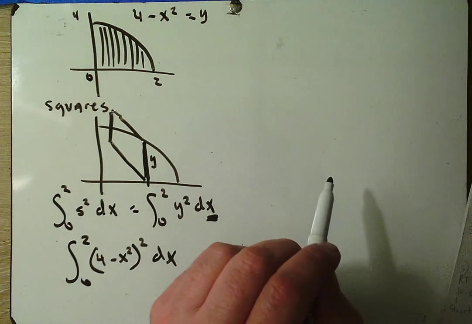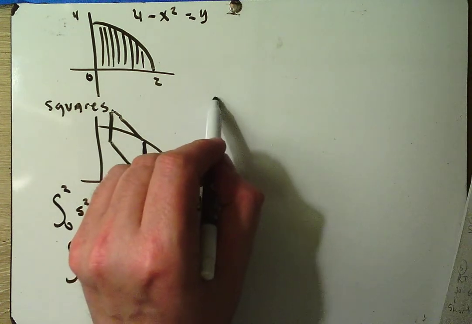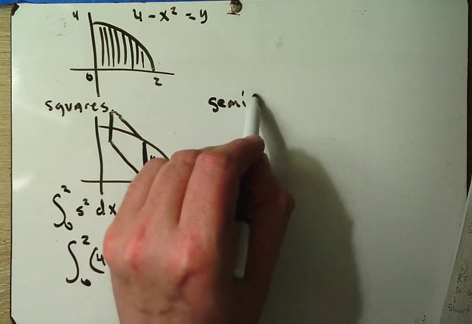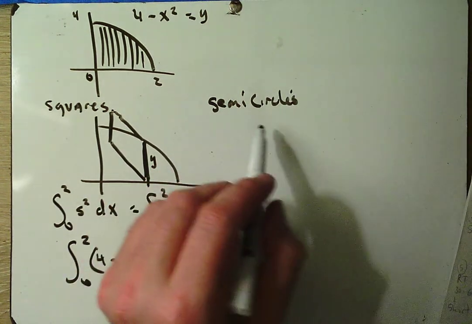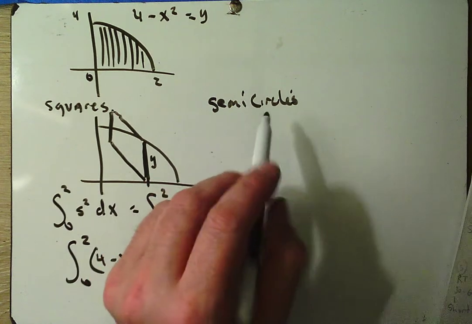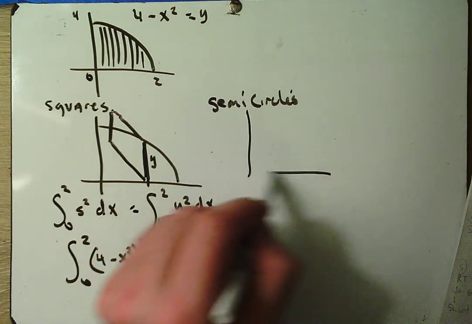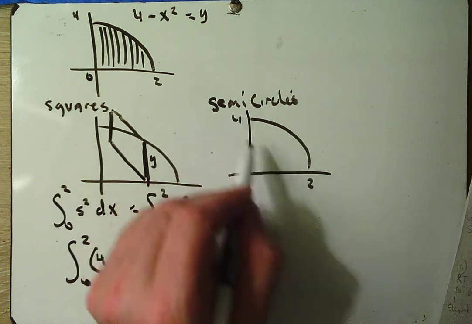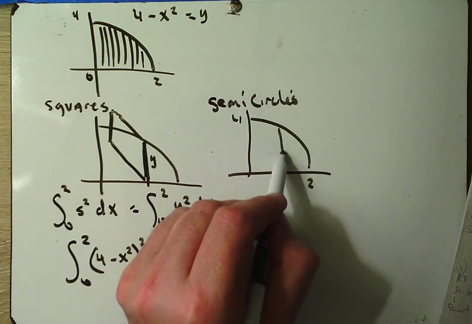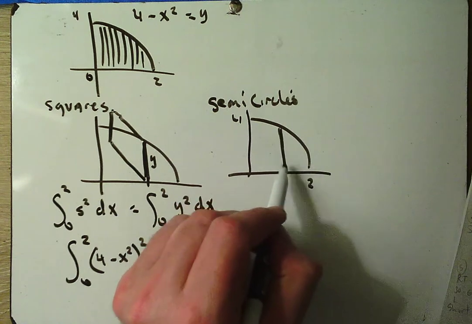What about semicircles? Well, there's two types of semicircles that we can look at. Let's look at one where the diameter is this length.